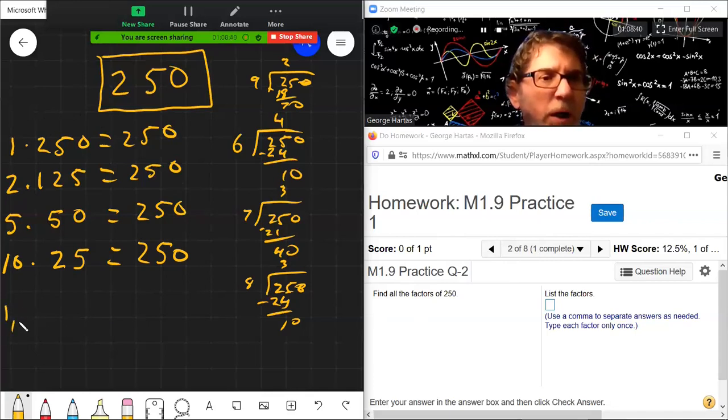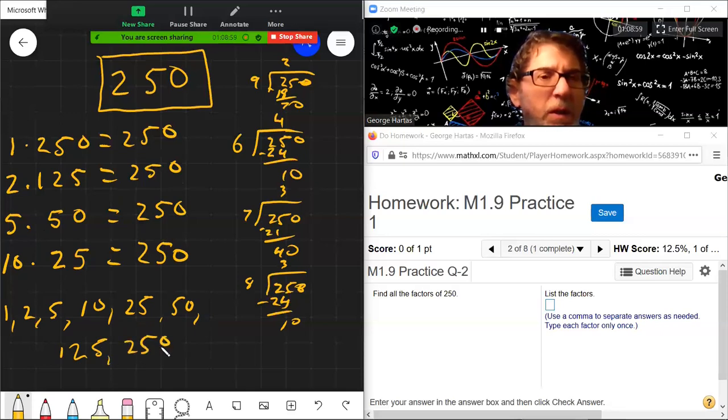We got 1, 2, 5, 10, 25, right? See what I'm doing? I'm going down the line, and then I'm swinging back up. These are the factors, 50, 125, and 250. All the factors of 250.